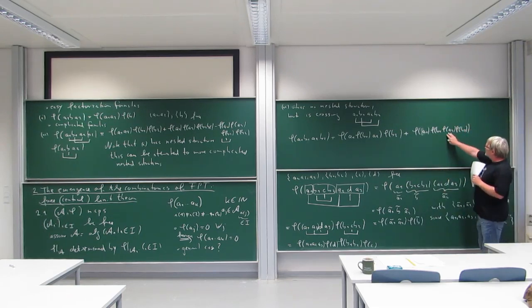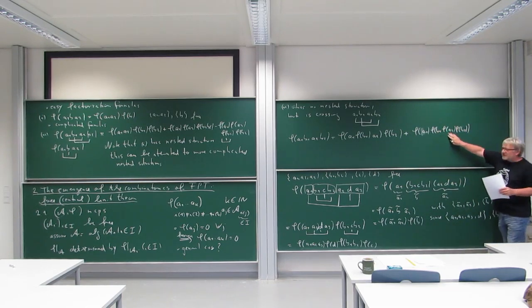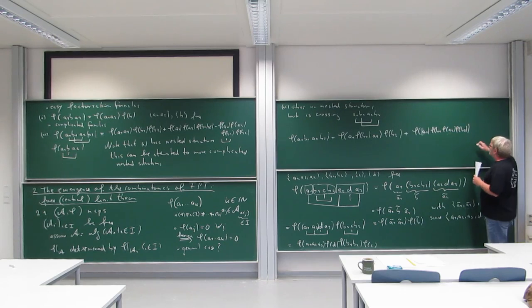So again, this phi of A1, I have written it here inside this phi, but again, it's just a number, so I can move it out. So it's just the same as the factorization. And then I have phi of A1, phi of B1, phi of A2, phi of B2.